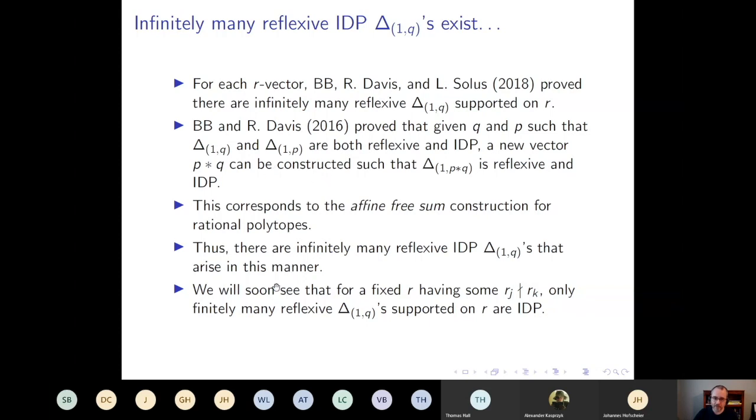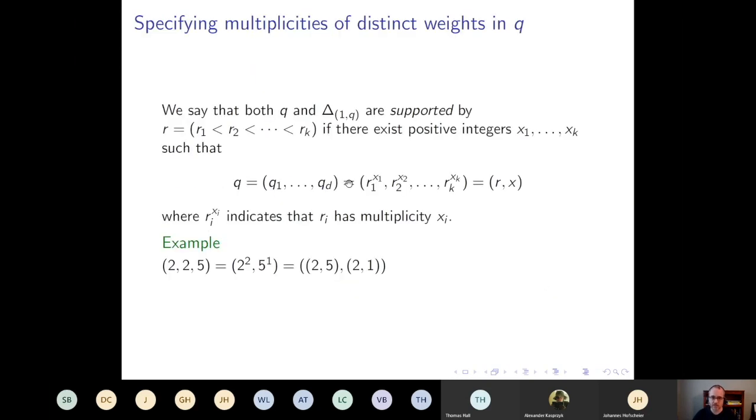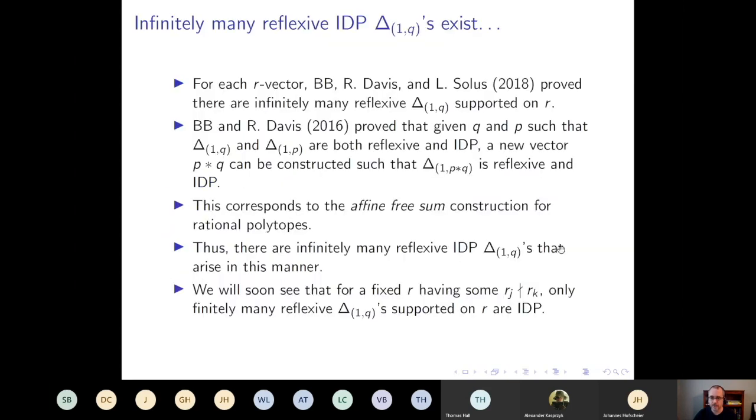And one thing that we'll see soon in the talk is that if you have a fixed R vector, and if one of the distinct weights in that vector does not divide the last weight. So again, what I'm saying is I've got that Q is R1 multiplicity X1, etc., and the R's are increasing. So what it says is one of these smaller R's does not divide the largest weight, okay?